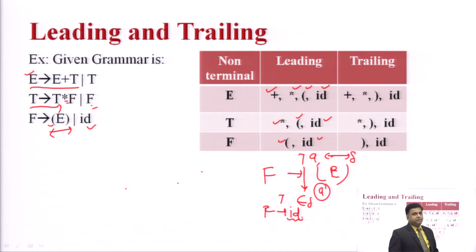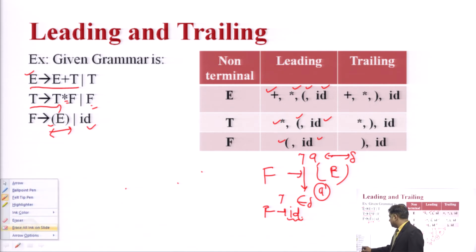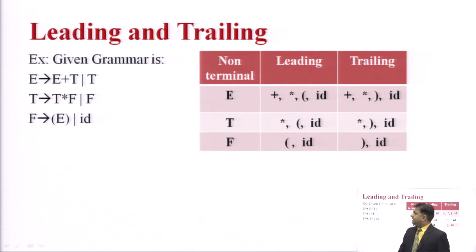Now, we come to the concept of the trailing. So, leading means the first terminal symbol which can be derived by a non terminal. Similarly, the opposite of this leading, that is the first terminal symbol but from the back, पीछे से फर्स्ट टर्मिनल सिंबल कौन सा हो सकता है.